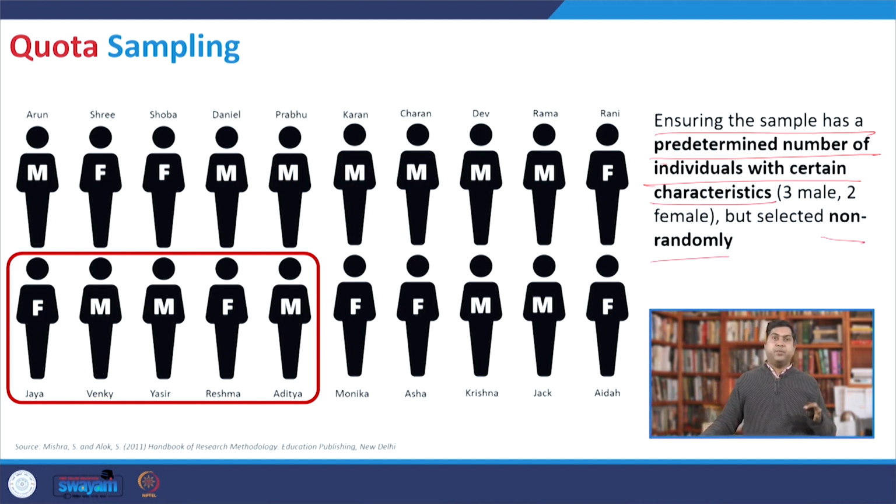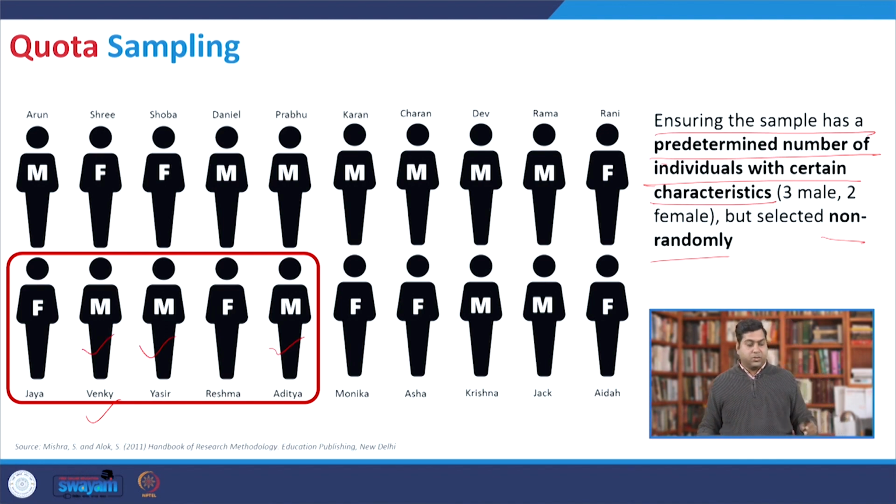For example, I want to pick a sample of 5, and out of that there should be 3 male and 2 female. They can be picked in any order, but I take up some sort of grouping, so this group will have 3 males and 2 females.